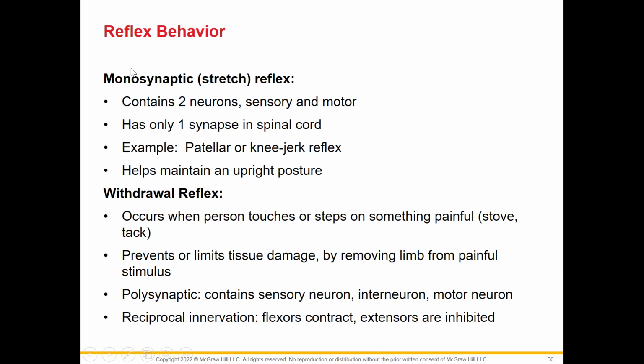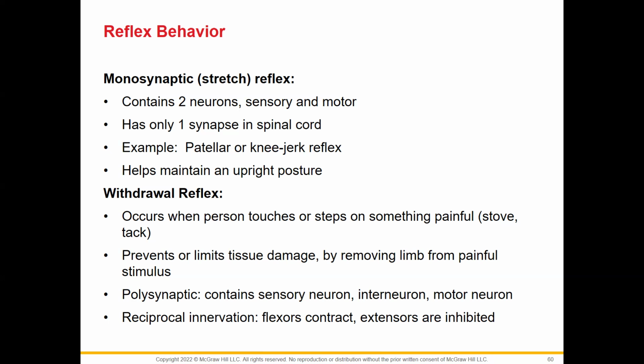The monosynaptic stretch reflex also helps us to maintain upright posture. So let's say that you are standing up and the wind blows and it pushes you to the right. That means that your left side is being stretched. So the stretch reflexes in the muscles on your left side are stimulated because of the wind blowing.